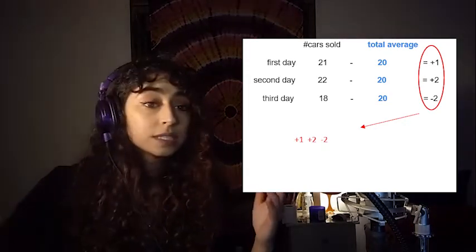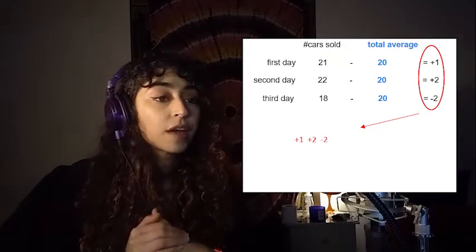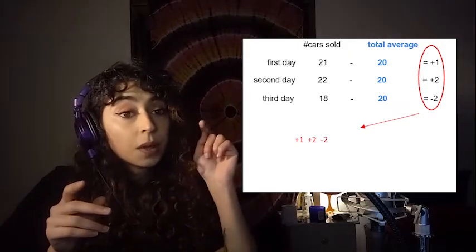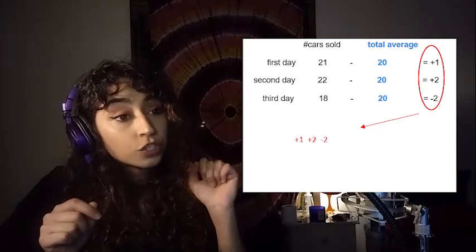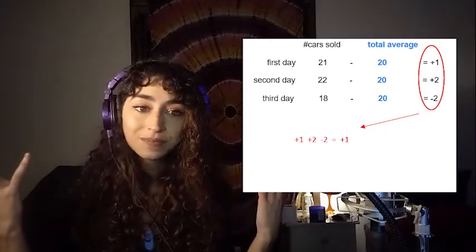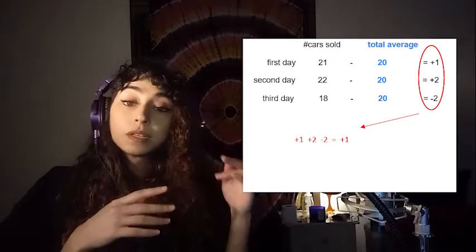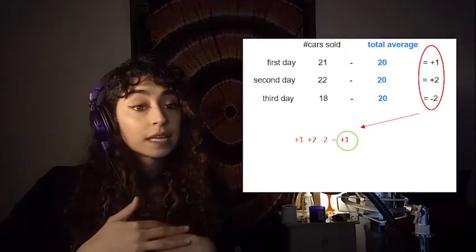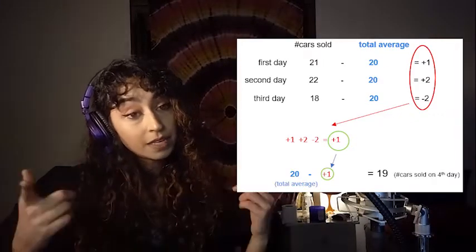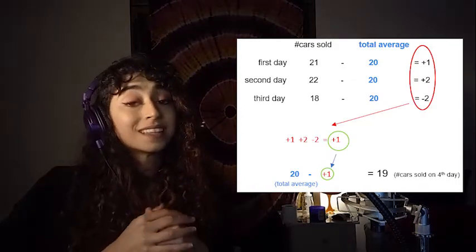So the total difference between the numbers we have and the average is plus 1, plus 2, minus 2, which is plus 1. In order for the total difference to reach the average, we need to cancel the plus 1. So the last number should be the minus 1 of 20, which is 19.